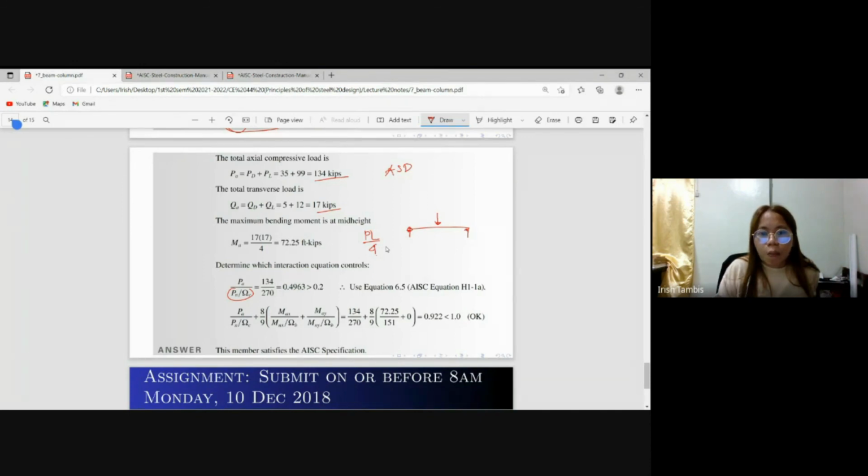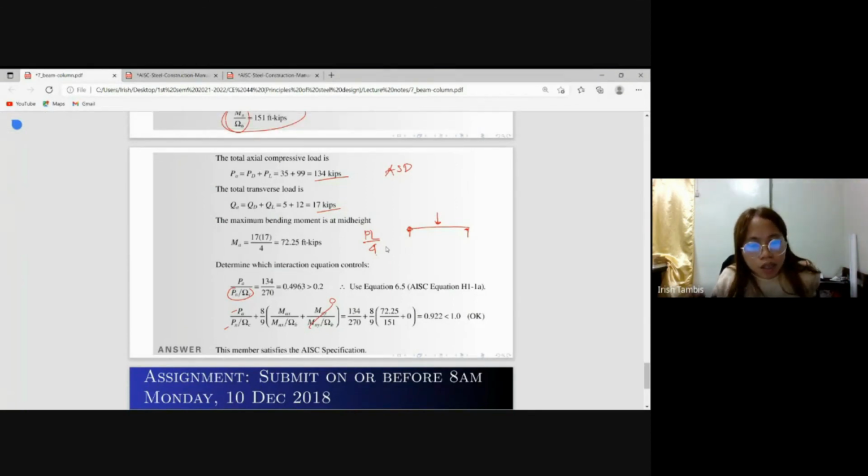So substitute the value of the applied loads and the value from the table, plus 8/9 times the second term. The moment term is 0 because it is not caused by axial loading.